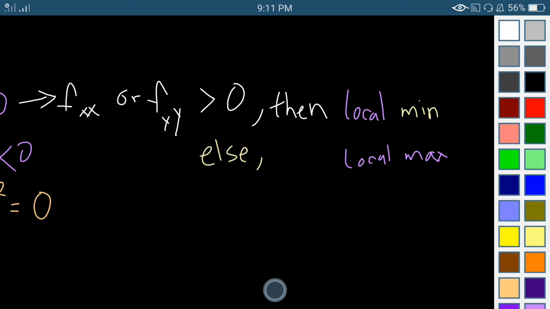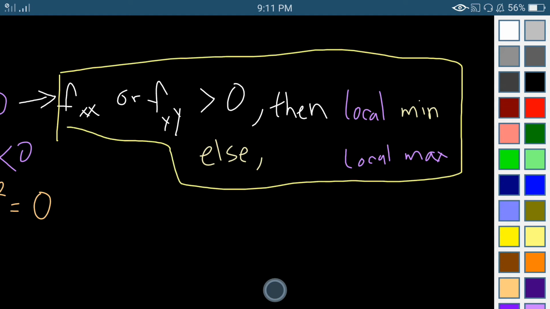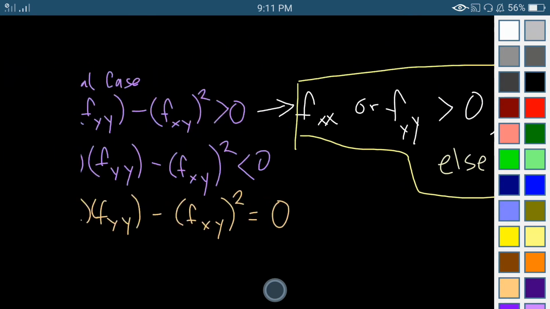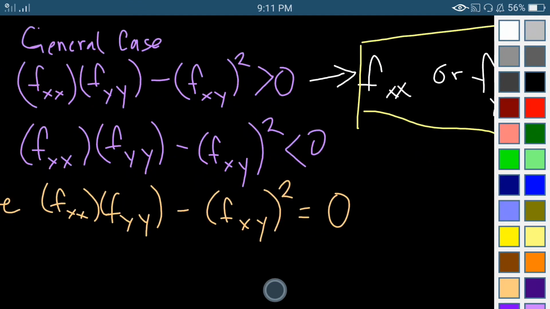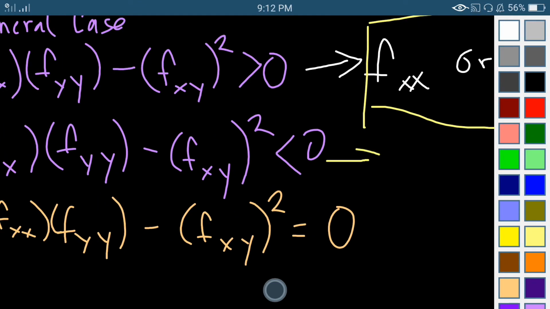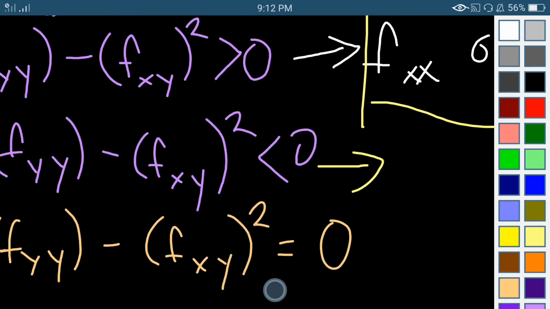Let's pick a colorful color. This is the case that we want to focus on, but these cases are also possible. So let's say we got this case.